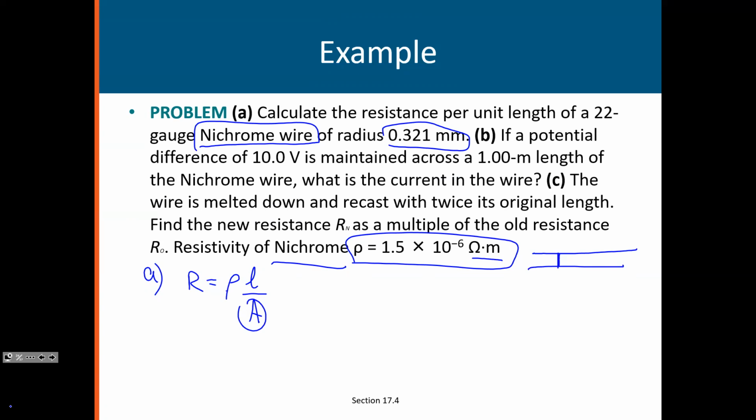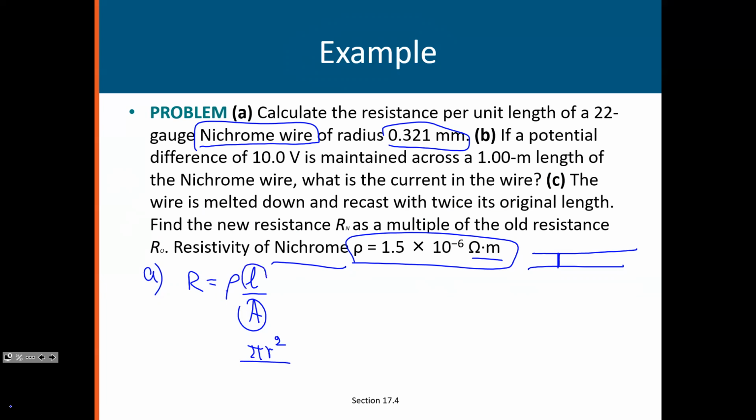So what we need here is the cross sectional area of a circle. What is the area of a circle? Pi r squared. We know r, 0.321 millimeter, so I can get the area.